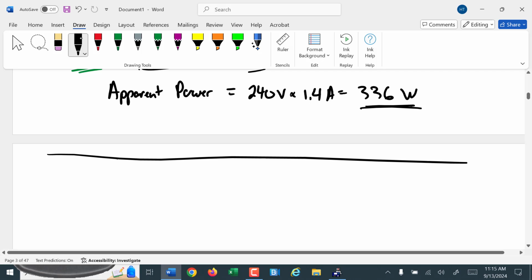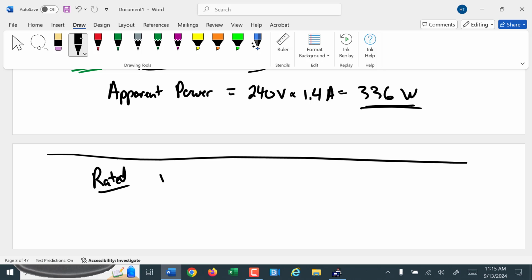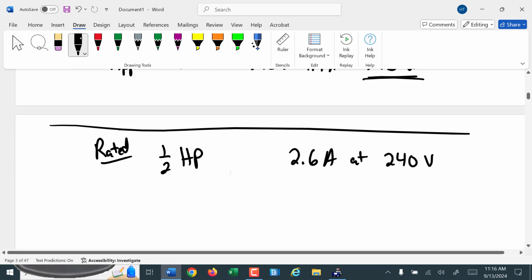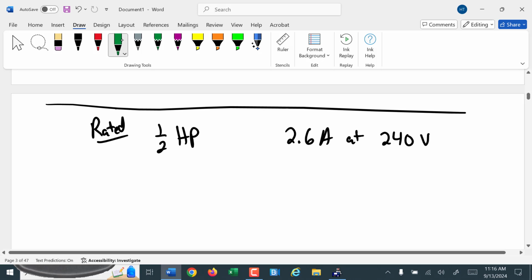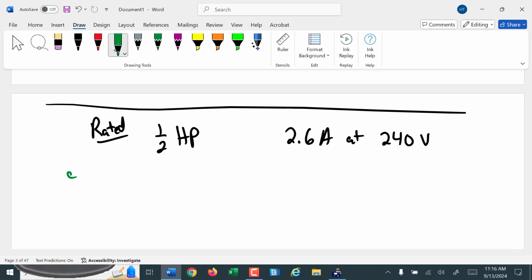Let's look at another motor here that is rated 1/2 horsepower, and the tag says it is 2.6 amps at 240 volts. Well, first thing we need to do is find the actual power.